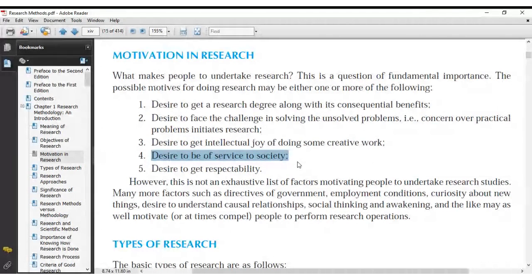Then number 5 is legacy, the desire to get respectability. This is basically called legacy, the desire to build a name. For instance, you can research on things that people have never researched so that you can build a name. Like Isaac Newton discovered what? He discovered gravity.